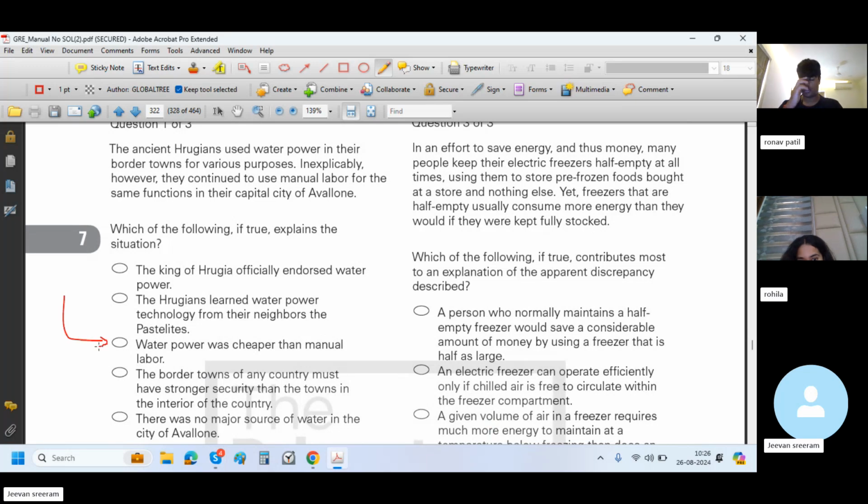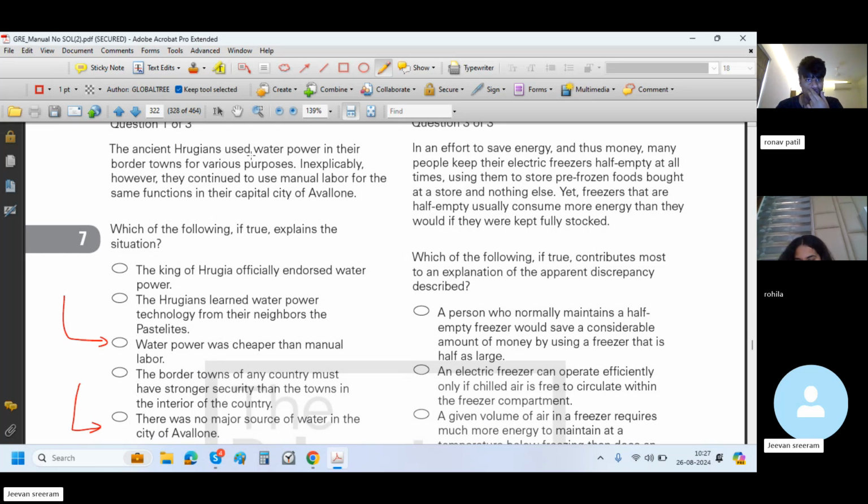Let's understand. I think it's easier. There's no major source of water in the city of Honolulu. The ancient Hurricanes used water power in their border towns for various purposes.